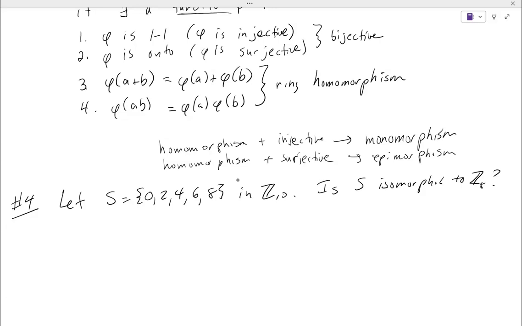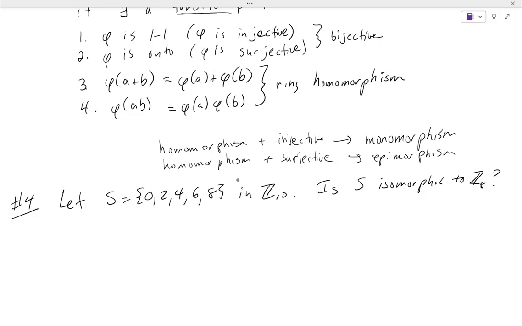In S and in Z5, they're both commutative, right? Their multiplications will commute, correct? I don't have anything that's going to add to itself and get back to identity in one and not the other. So this one's not as quick to see whether or not they're isomorphic.